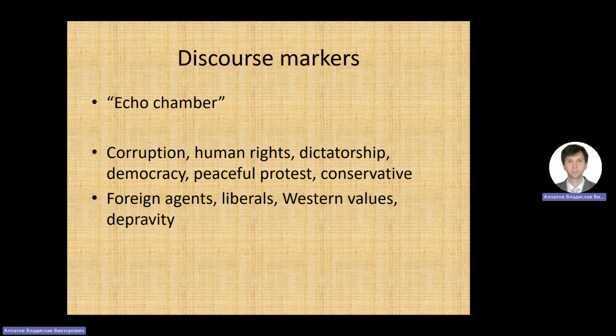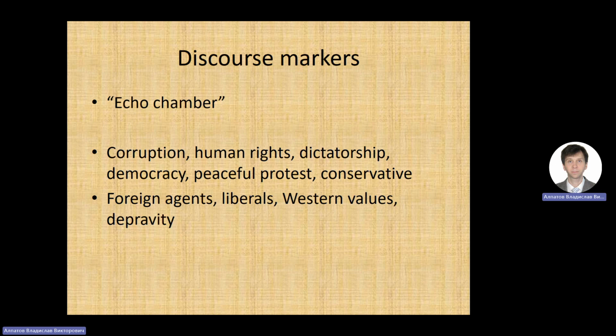For example, corruption, human rights, dictatorship, democracy, peaceful protest, conservative. These are all typical of what kind of discourse in Russia? The liberal discourse. Or for example, who uses the word автозак? Liberals. Conservatives almost don't use it, right?